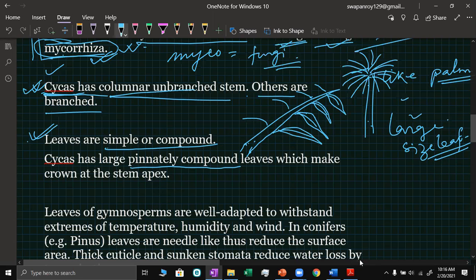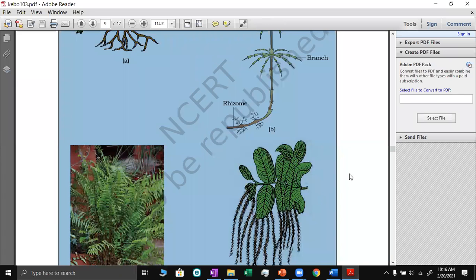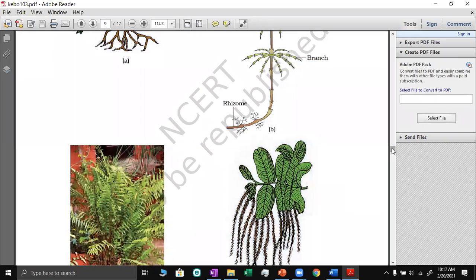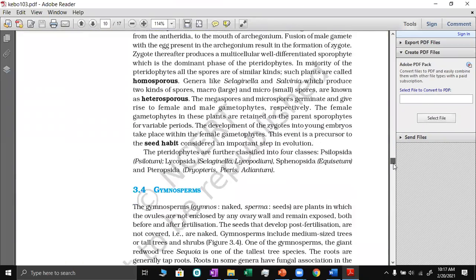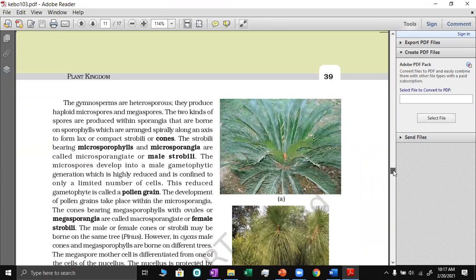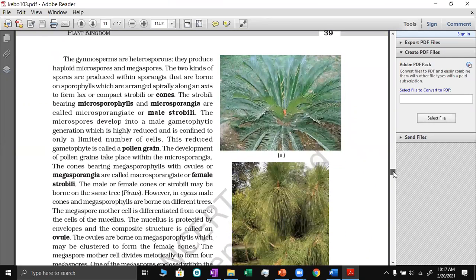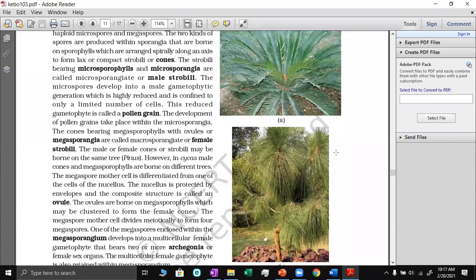You can see the cycas tree here. This one is cycas. This is a very small one, a garden plant, and here are the leaves, the crown of leaves. And this one, who can tell better?